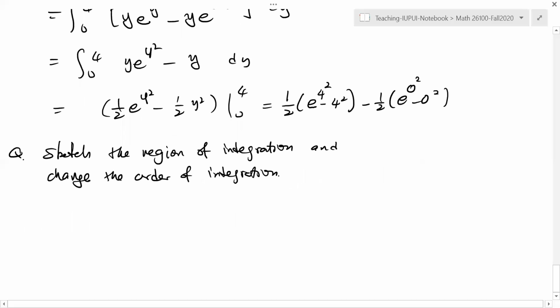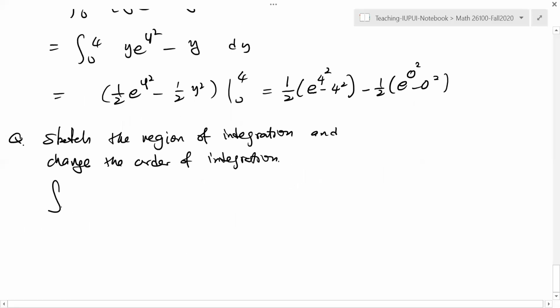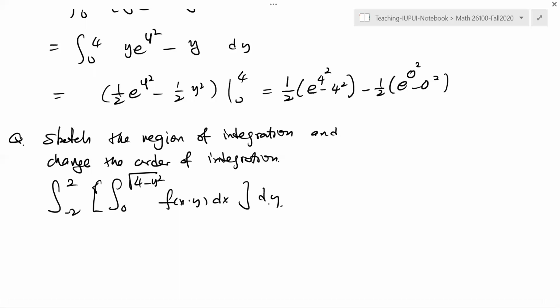Okay, so you are given this iterated integral from 0 to the square root of 4 minus y squared. So you are given the function. I'm not asking you to evaluate, so that's why I don't give you a specific function. All right, but you have to understand this iterated integral.